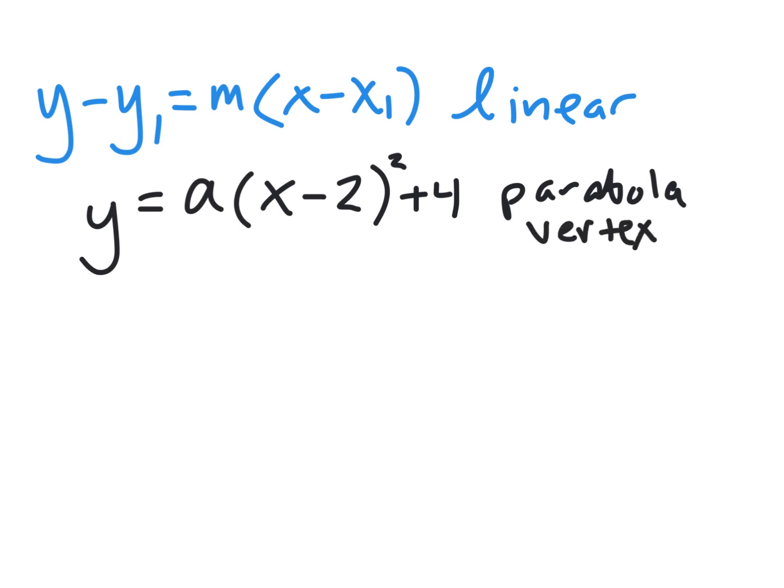Actually, let's probably keep them both pluses. There. And then you'd say the vertex of it was, careful, not 2, 4. What's the vertex here? What's the vertex here? -2, 4.